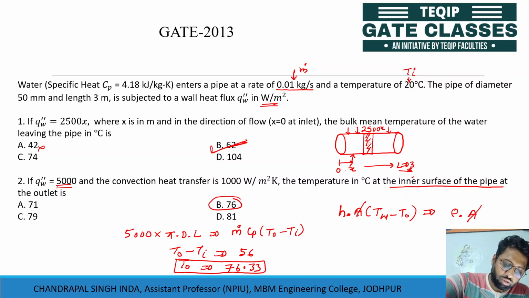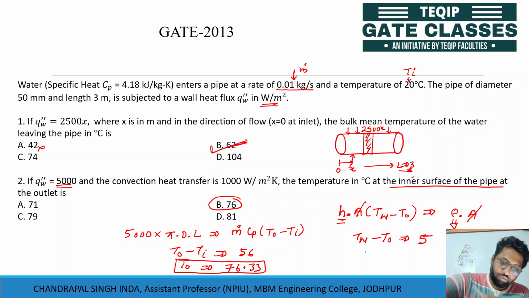So the surface area is constant, and Q wall is equal to 5000 and h is given as 1000. So we will have T wall minus T outlet temperature equal to 5.